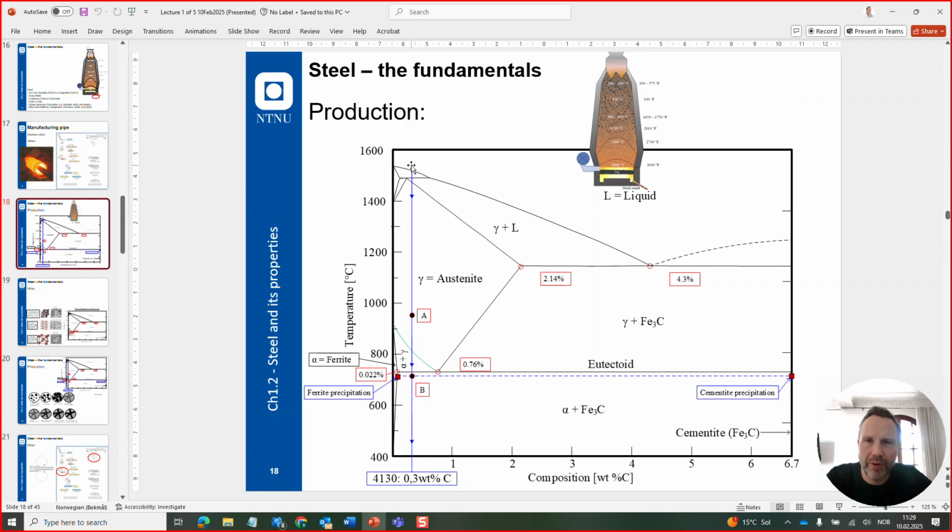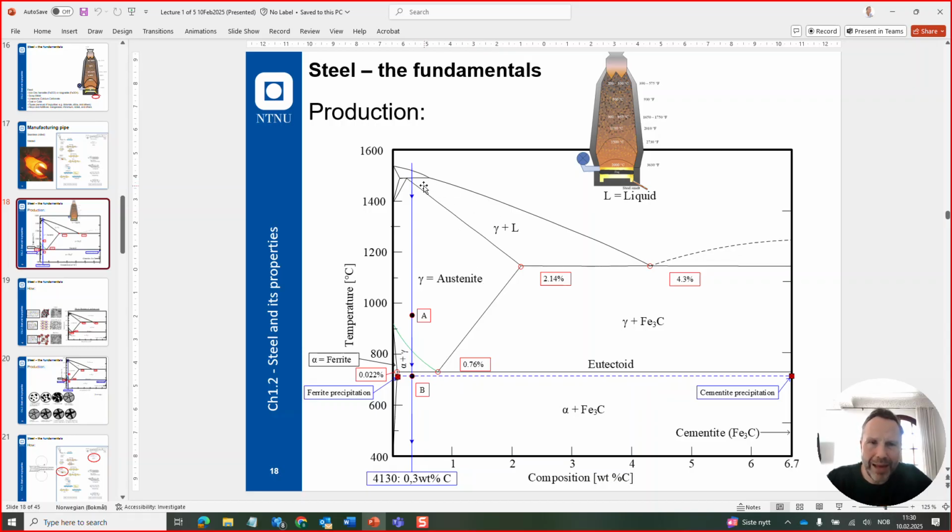What happens when the billet comes out here and it cools down? So here in this state, at more than say 1500 degrees, it will be a pure liquid. As we go down and cool it off, what happens is that we'll get at some point what is called austenite, which is a specific composition of steel plus steel melt.